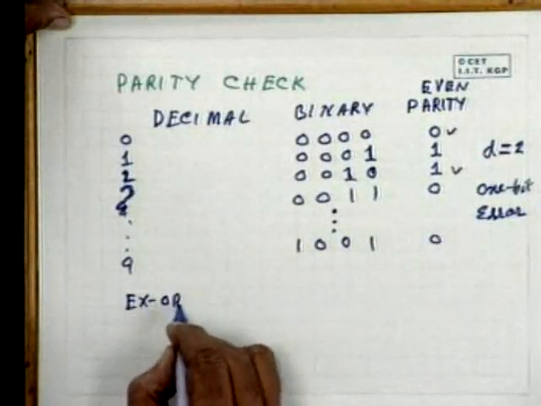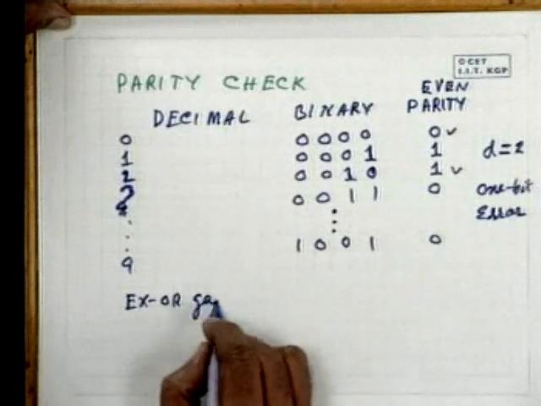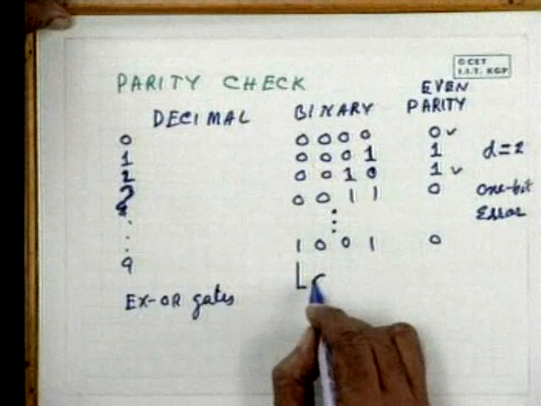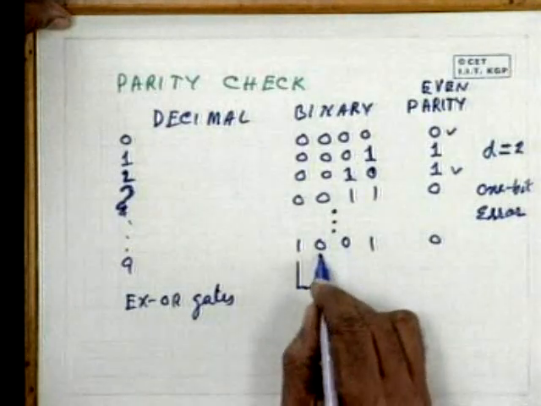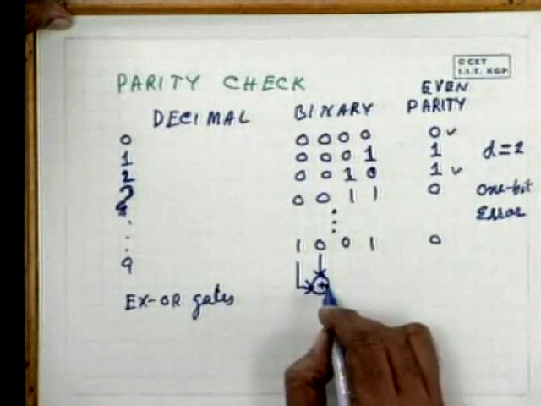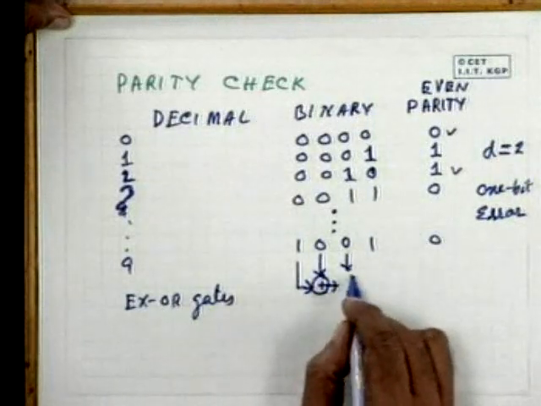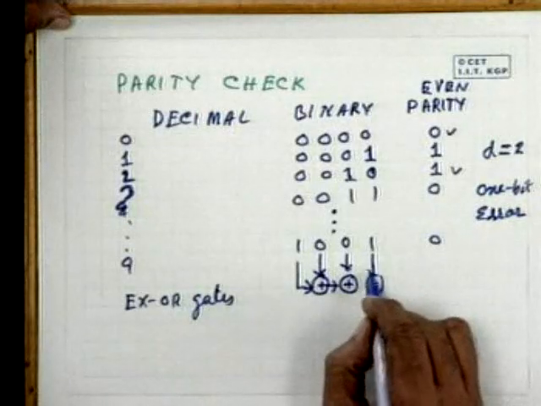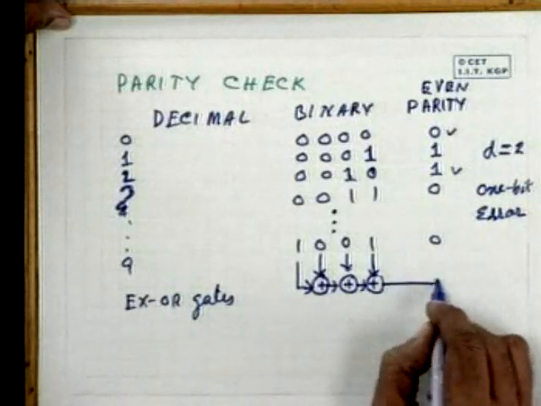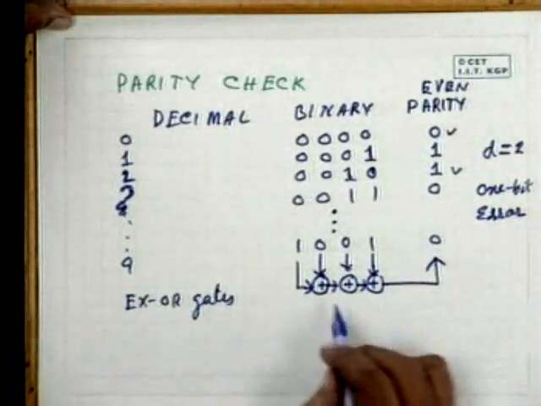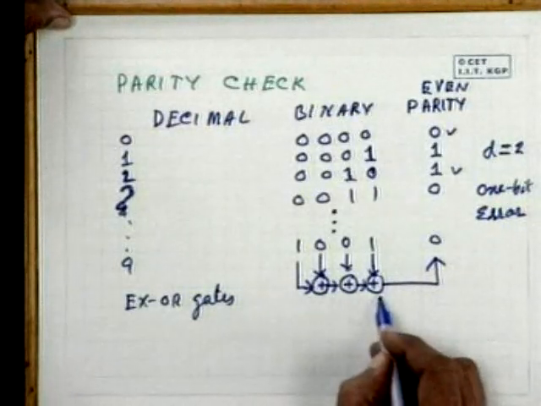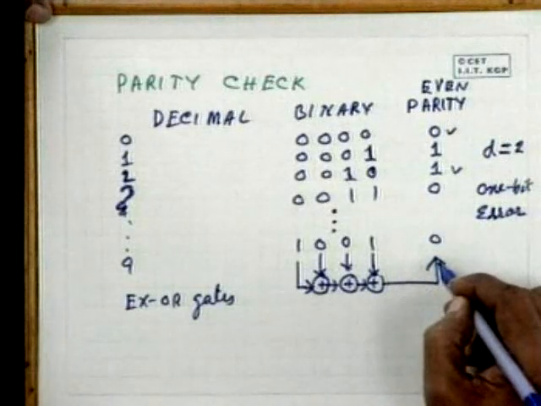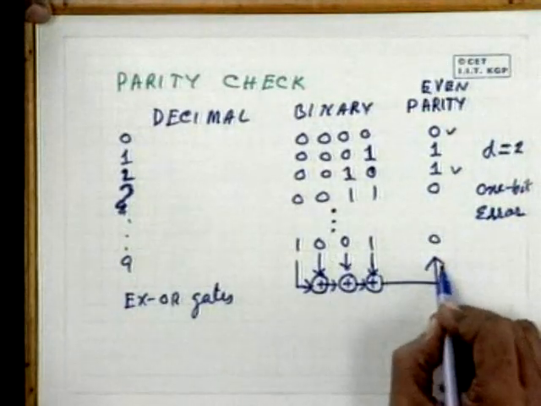You may be familiar with XOR gates. Say these two signals are applied to an XOR gate, and this is also applied to an XOR gate, and this is being generated. So using 3 XOR gates, you can generate the even parity bit, and that can be sent.